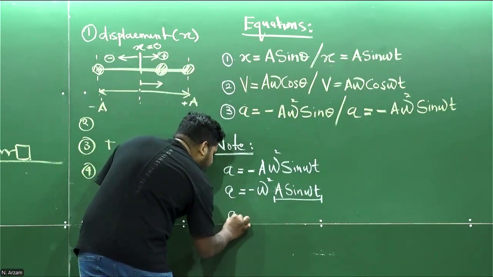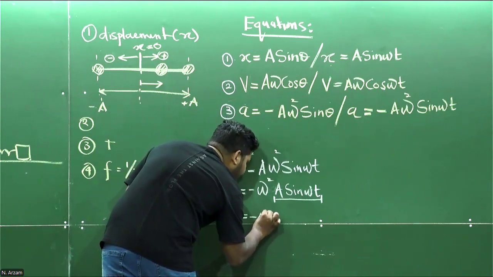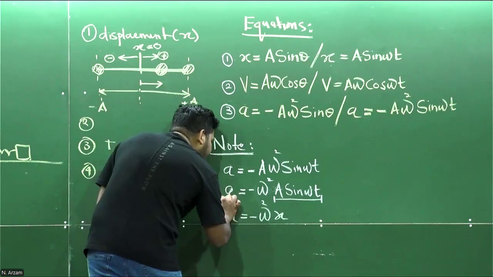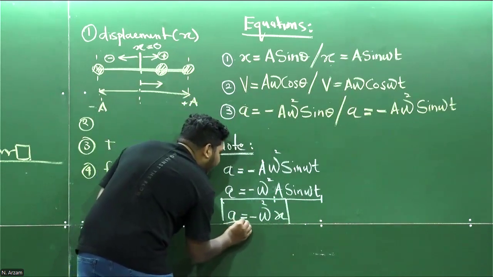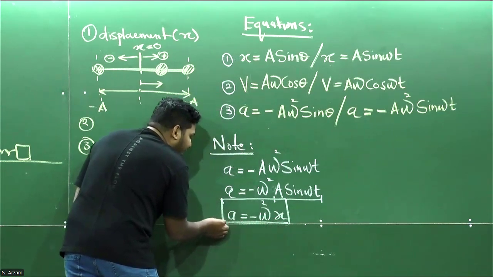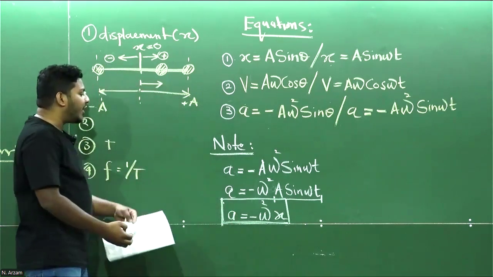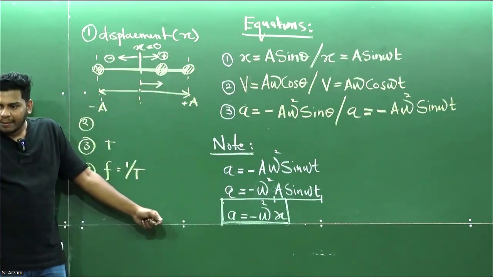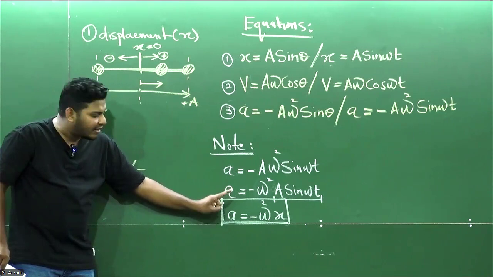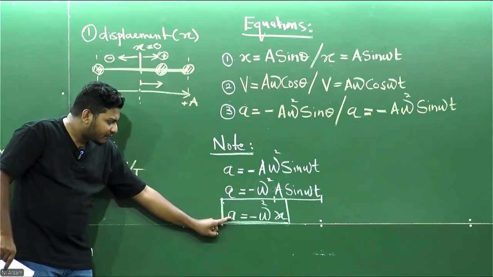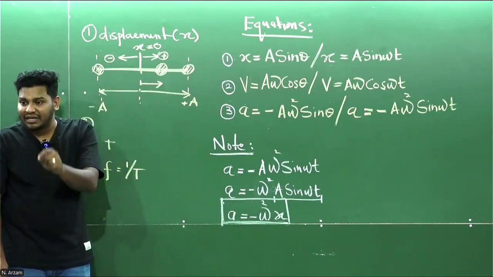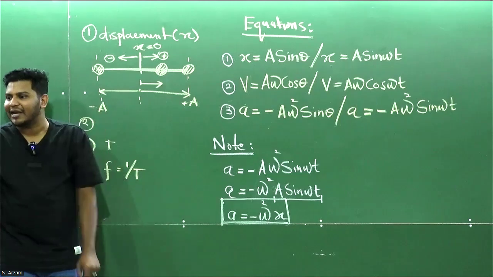So look at this equation: a is equal to minus omega square X. This is the important equation for simple harmonic motion. If a motion satisfies this equation, a is equal to minus omega square X, that means that motion is simple harmonic motion.